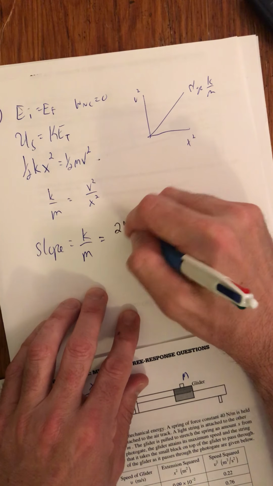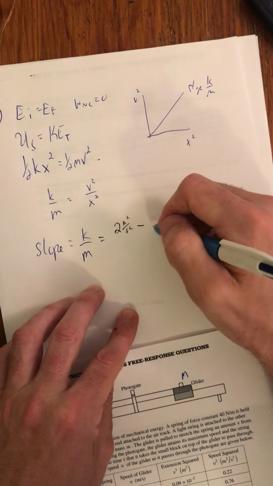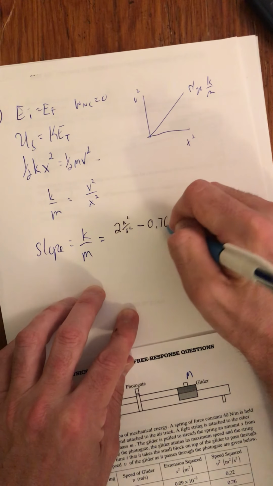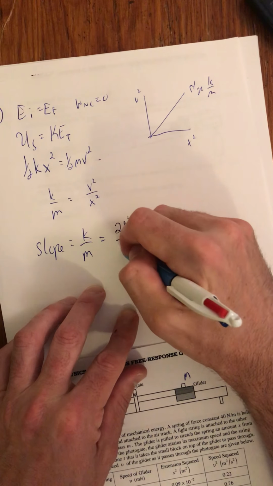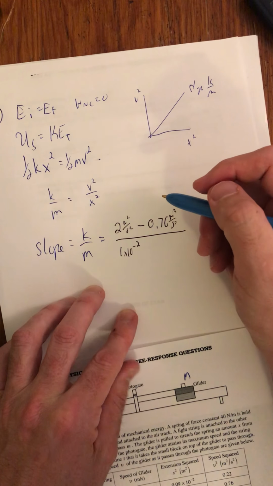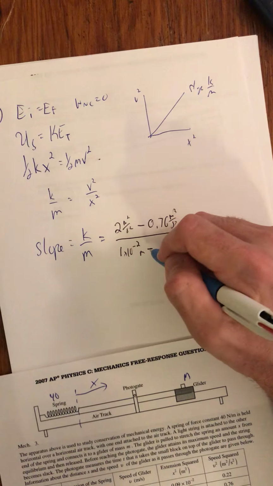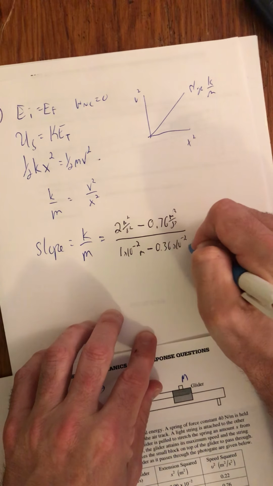So the slope is 2 meters squared over second squared minus the second data point, 0.76 meters squared over second squared. And that's going to come down to 1 times 10 to the negative 2 meters minus the data point, 0.36 times 10 to the negative 2 meters.